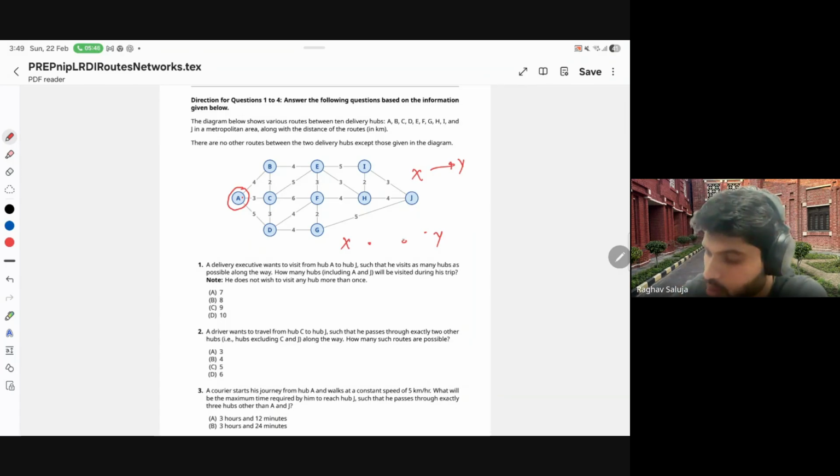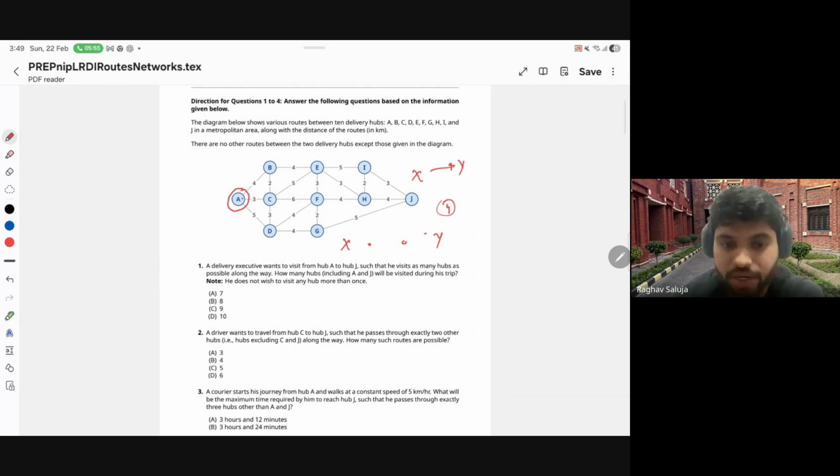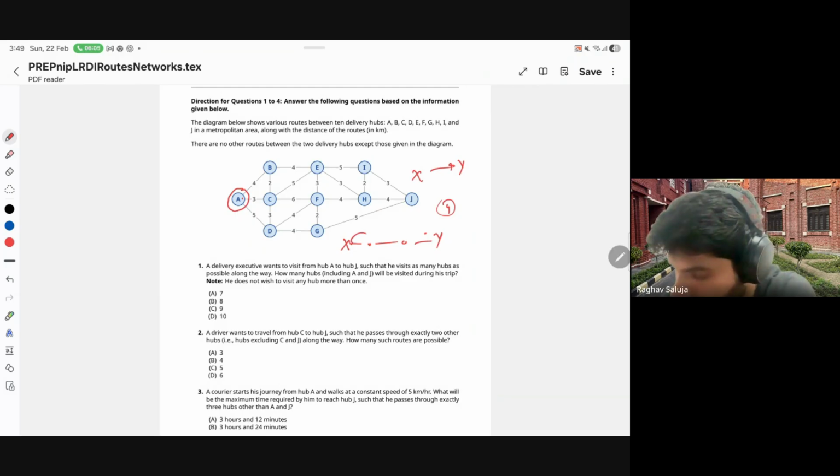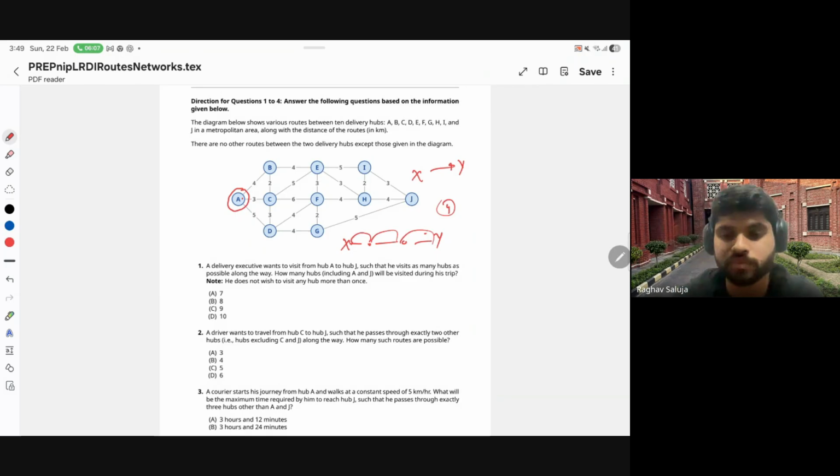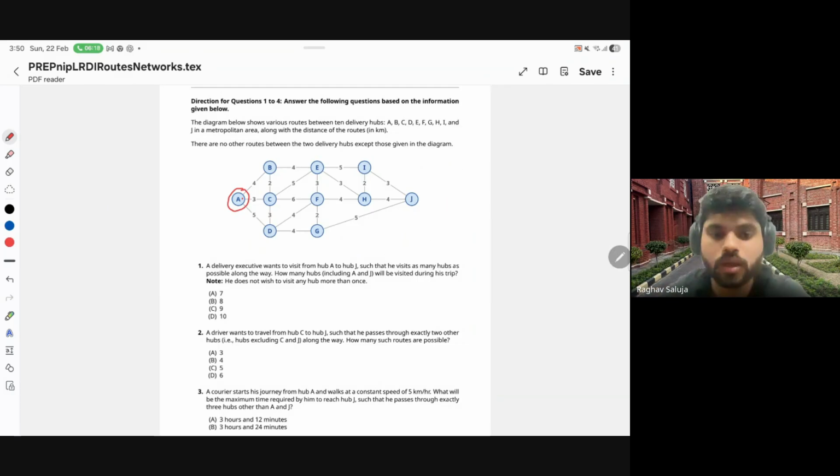It means you have to visit two hubs in between. If you have to visit two hubs in between, this means the total hubs are four. So how many hops are you supposed to take? Exactly 3 hops. 1 hop, 2 hop, 3 hop. These are the fundamentals. This is how you tackle. Based on these particular things only, we are going to tackle these questions.